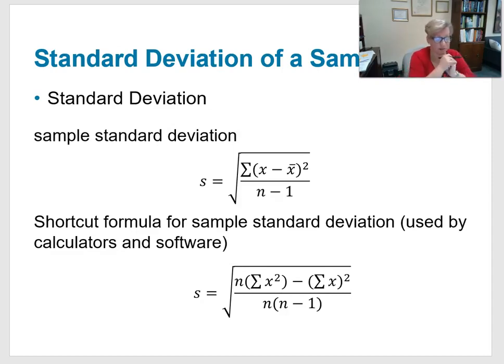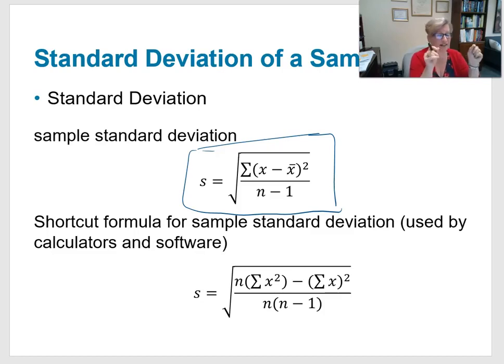All right, so here is how we calculate it. This is the actual formula right here in this box. But it's kind of hard to calculate by hand. It requires us to take the difference between each data point and the mean of the data, square each of those, and then add them up, and it's a nightmare.